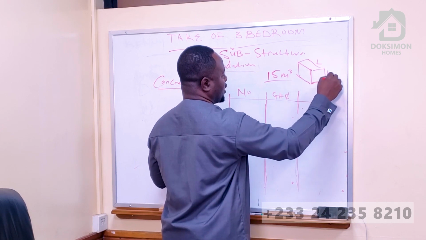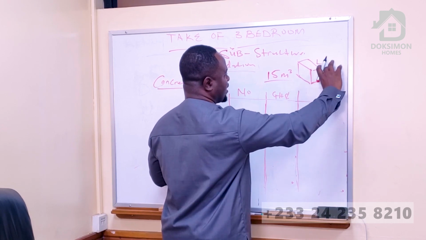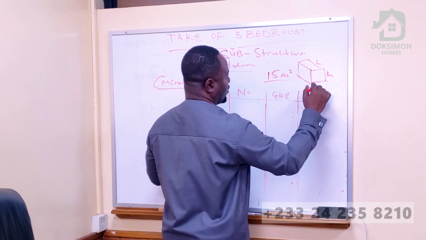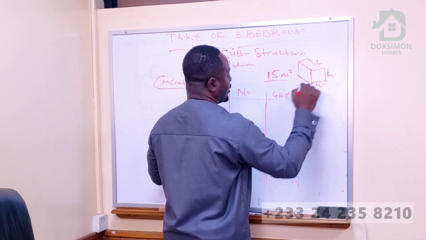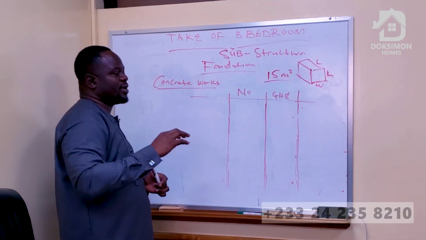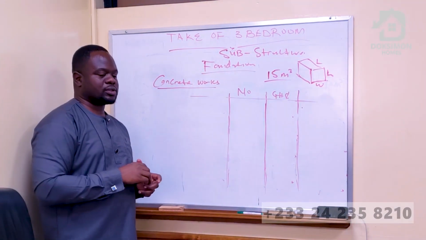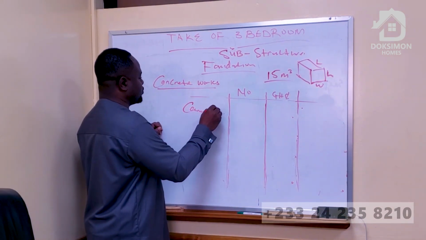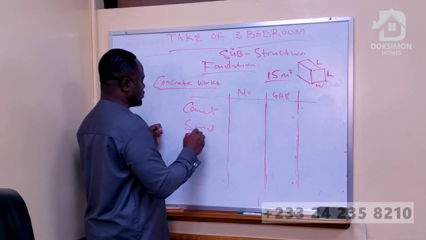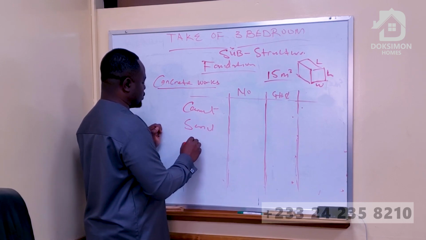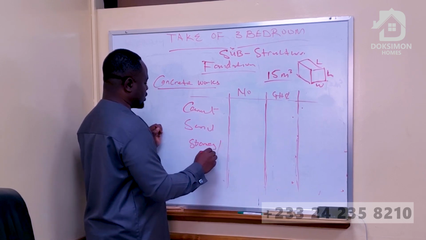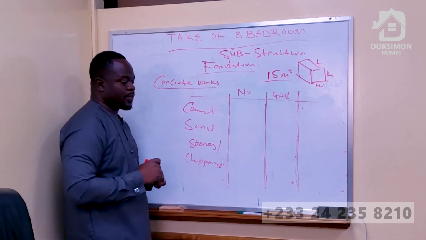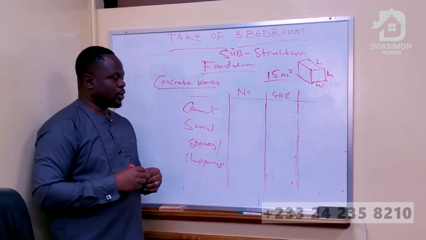So we have the length, the height, that's the thickness of the concrete. And we also have the length, the breadth of the concrete. So let's say the width. That will give you the volume of concrete. And with concrete, we need cement, we need sand, and we need the stones or chippings. You may call it however you may call it.